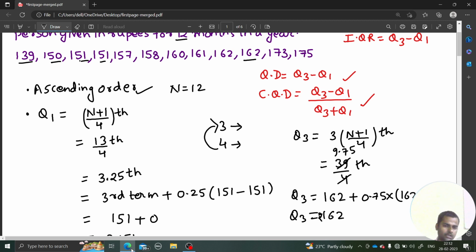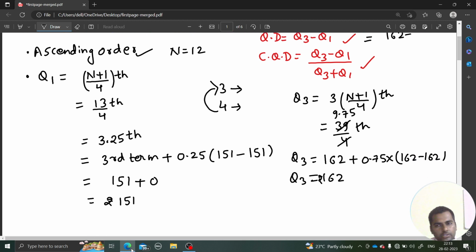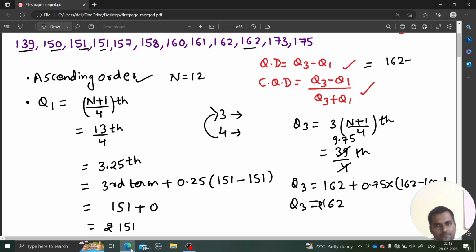Now, if they ask us to find the value of the quartile deviation, that is Q3 minus Q1, which is 162 minus 151, divided by 2.